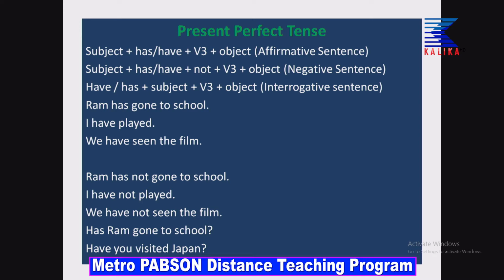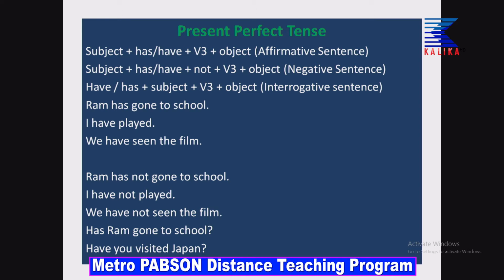Now here is the structure, children. Subject plus has or have plus verb 3 plus object, that is the affirmative sentence rule. For negative, the structure is subject plus has or have plus not plus verb 3 plus object. And in interrogative, in questions, have or has plus subject plus verb 3 plus object.